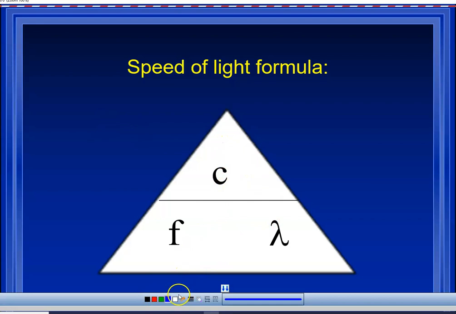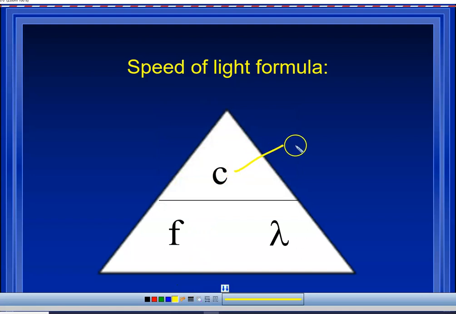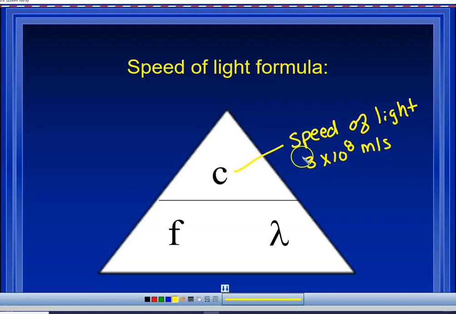There we go. All right, c is a constant. This is the speed of light. And that is 3 times 10 to the 8th meters per second.